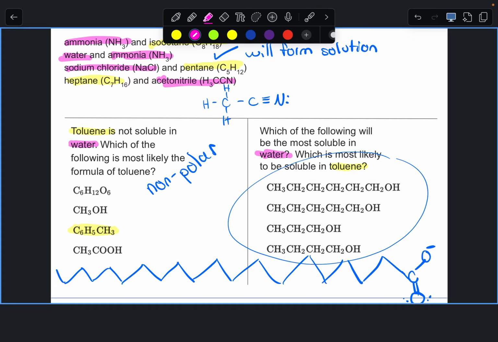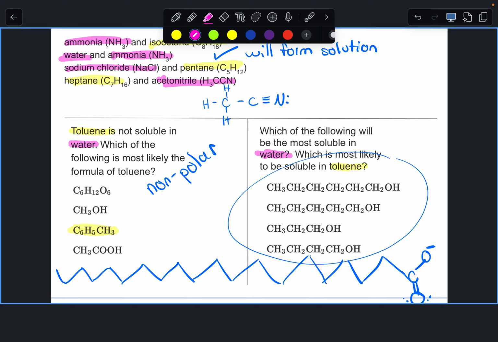Looking at those molecules, whichever has the least non-polar characteristics is going to be most likely soluble in water. The non-polar portion is the carbon-hydrogen groups. So this guy has the least carbon-hydrogen group, and then that OH group that we know is soluble in water.